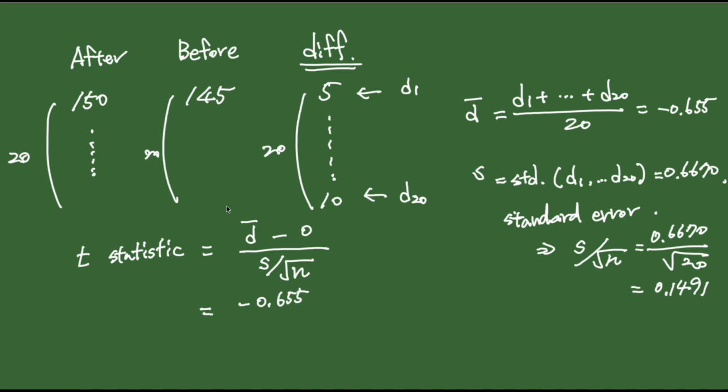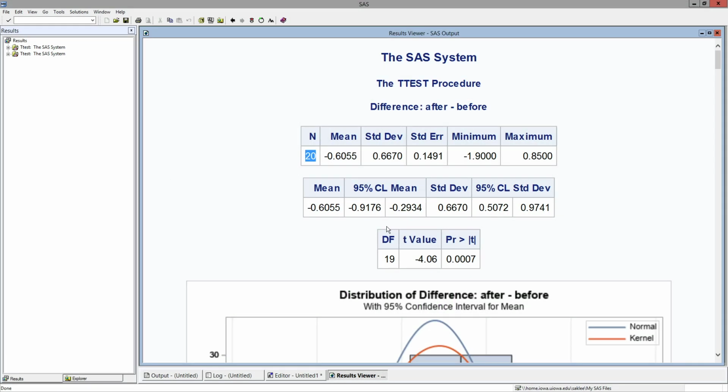So we have negative 0.655 as our D bar, and subtract 0, over 0.1491. If you calculate this, you will get negative 4.06, which is this value.